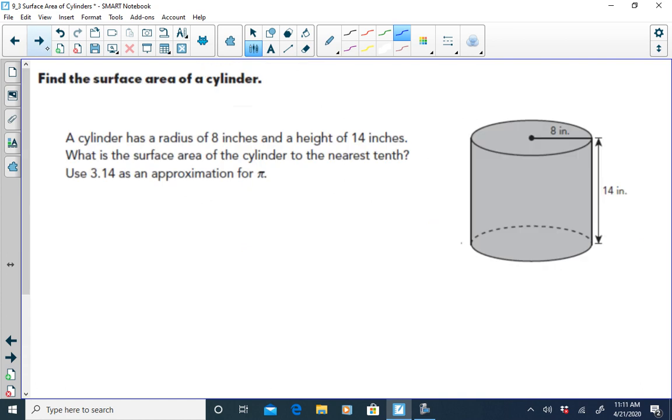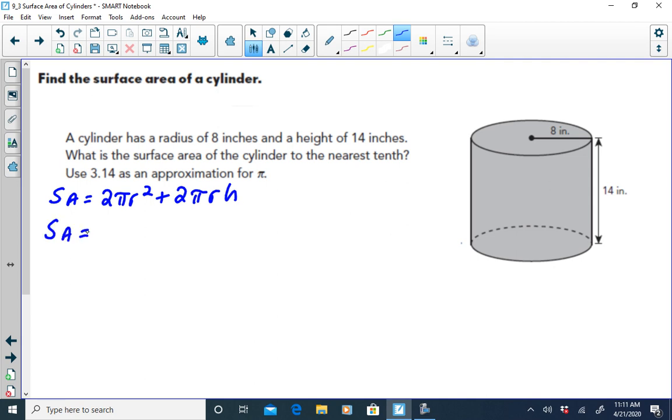Okay, our next problem. It says a cylinder has a radius of 8 inches and a height of 14 inches. What's the surface area of the cylinder to the nearest 10? All right, let's see what that's going to look like. All right, write our formula. Surface area is going to be equal to 2 times pi times r squared plus 2 times pi times r times h.